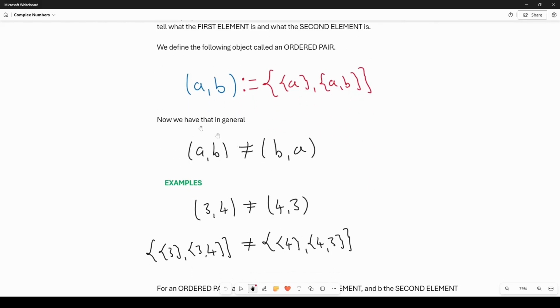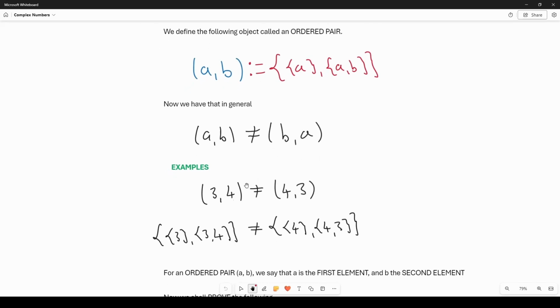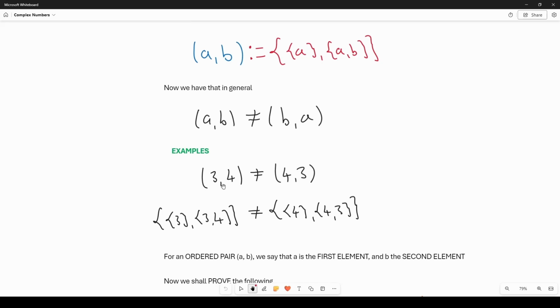So now we have that in general, the ordered pair (A, B) is different from the ordered pair (B, A). So here's an example. The ordered pair (3, 4) is different from the ordered pair (4, 3) because these two sets are not equal.